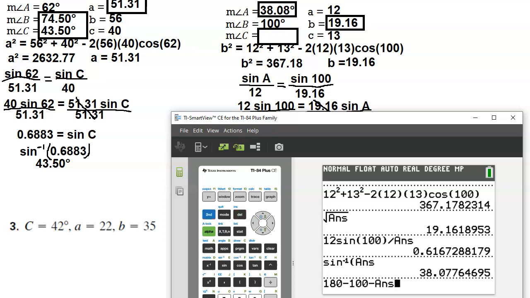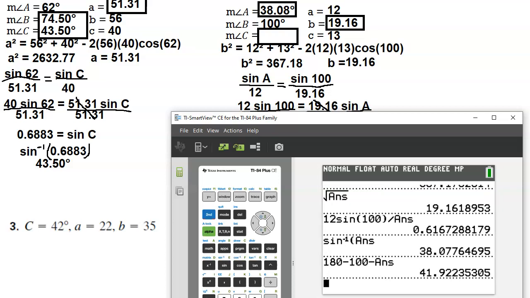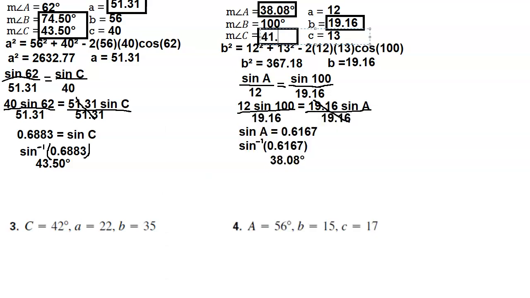All right, and we're done with that problem. We get 41.92 degrees. All right, there you go. Now we're in a groove. The second one went way faster than the first.